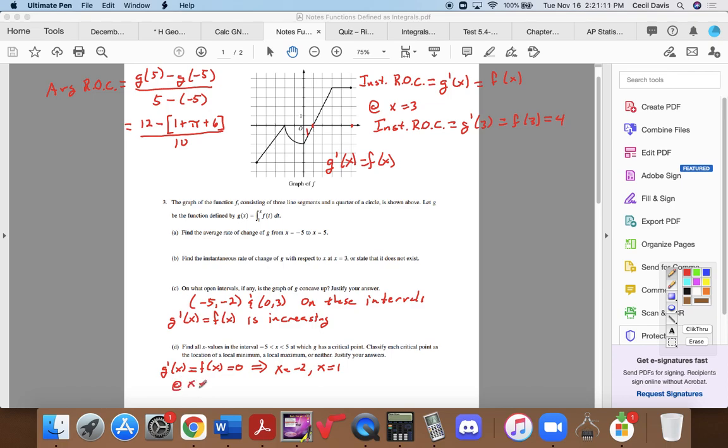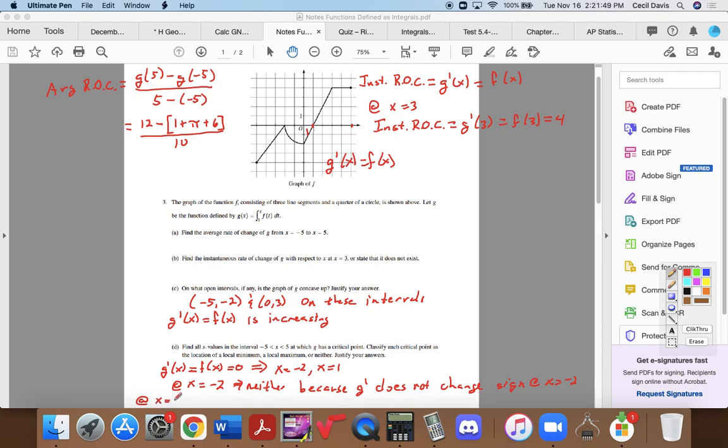At x equals -2, do we have a local minimum, a local maximum, or neither? Neither, because g prime does not change sign at x equals -2.